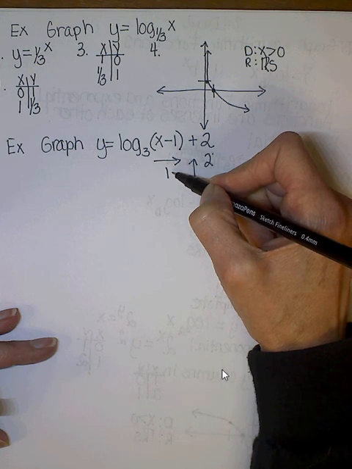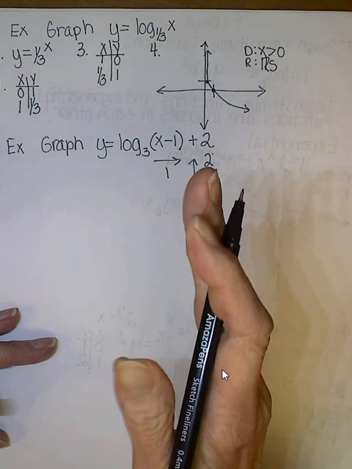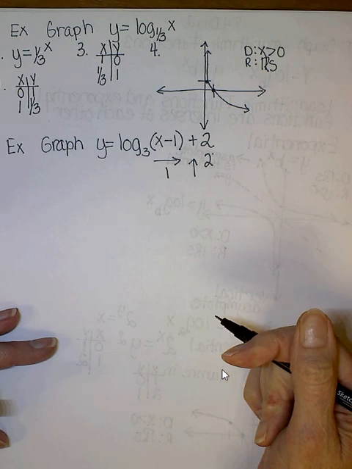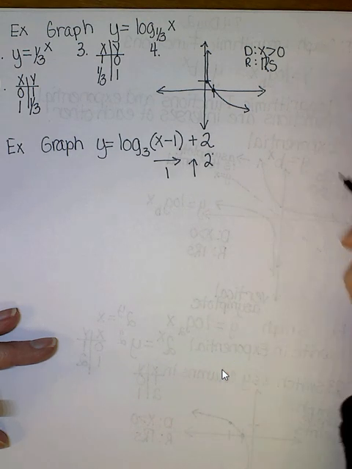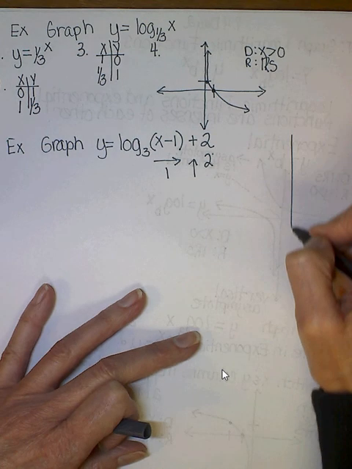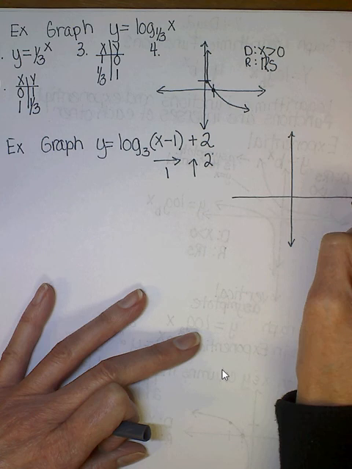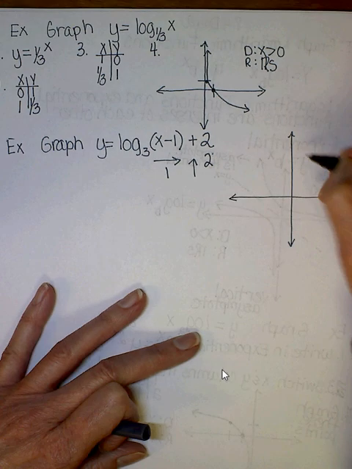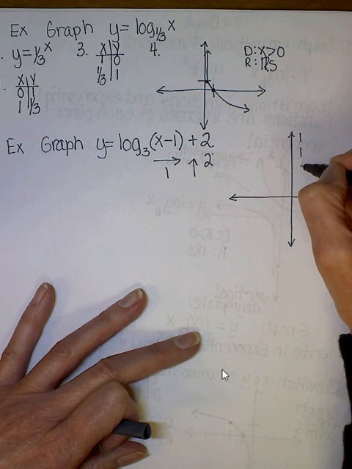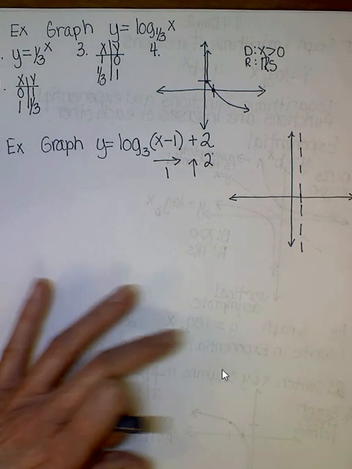Remember that this is a vertical asymptote, so if I move all the points 1, my asymptote is going to move over 1. So I'm just going to start my graph over here. I like to put that asymptote in right away. Now my asymptote is a vertical line going through x equals 1.